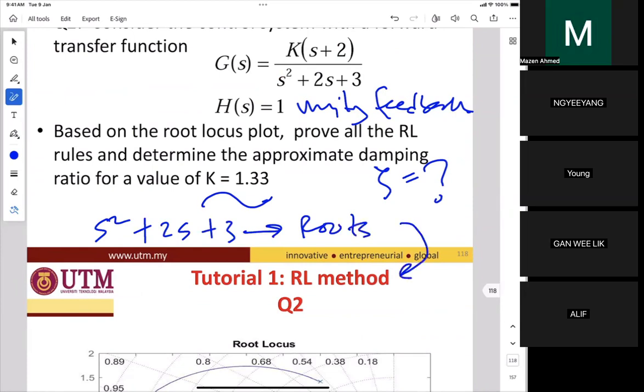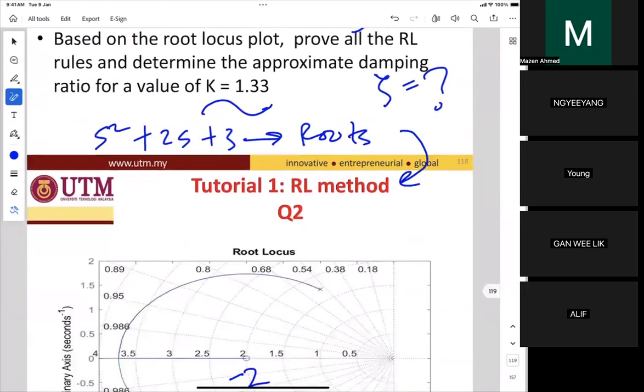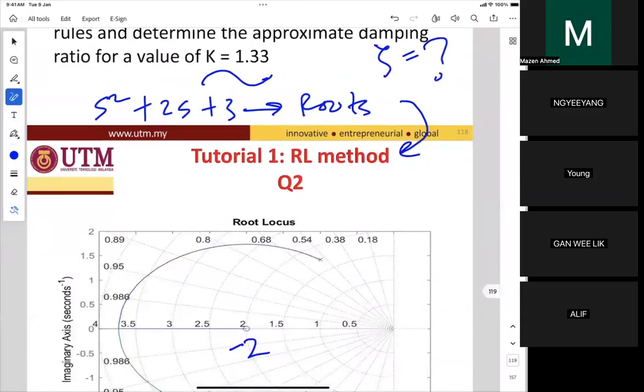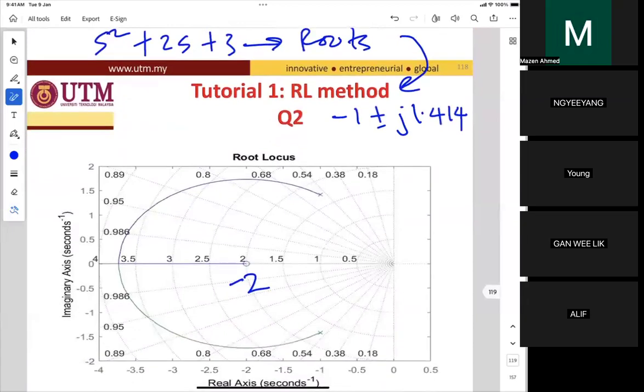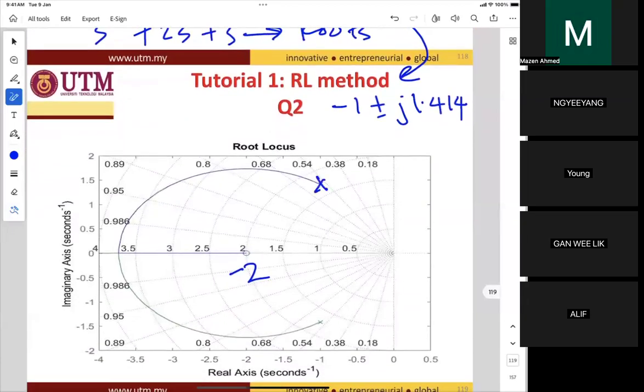Minus 1 plus minus J root 2. Root 2 is how much? 1.414. Which is here.